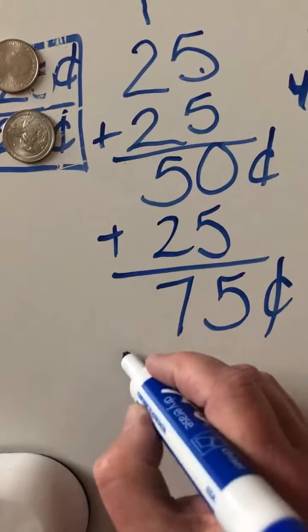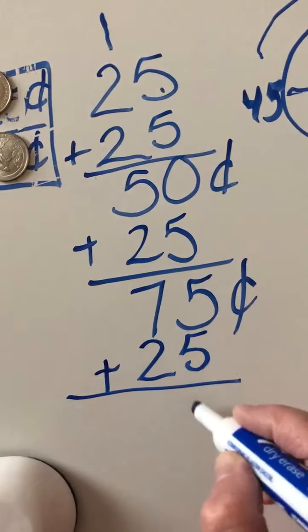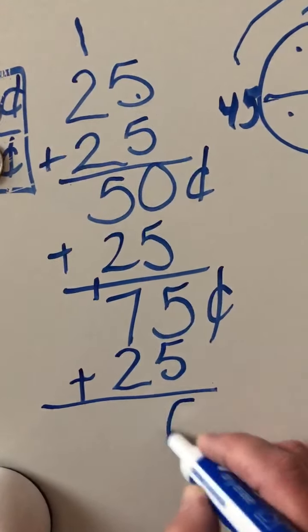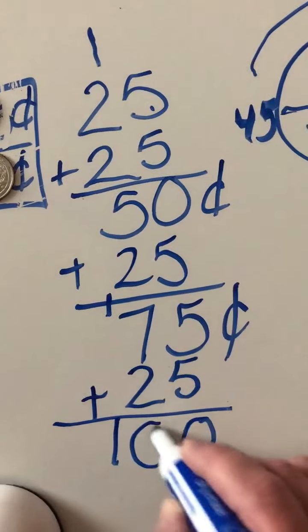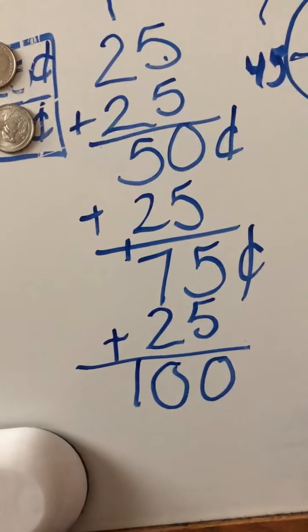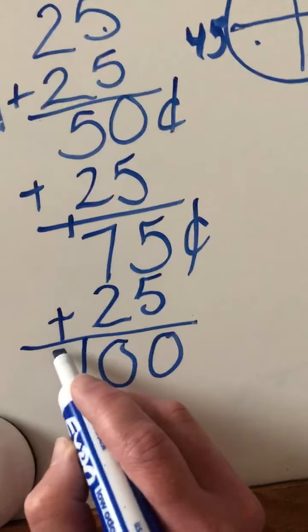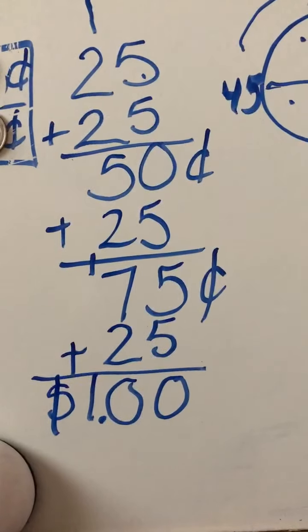And then, of course, what is 4/4 of $1? Well, 75 plus 25: 1 plus 7 is 8, 8 plus 2 is what? It's 10. So we have 100 cents. And as we learned last week, we can take that 100 cents and turn it into $1, right, guys?